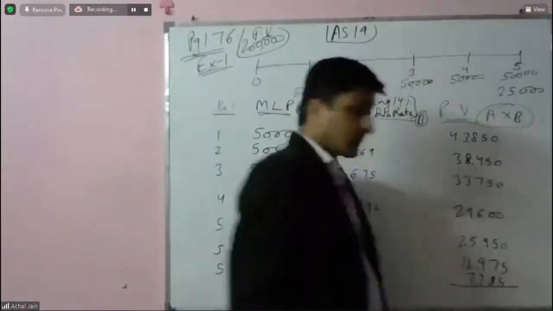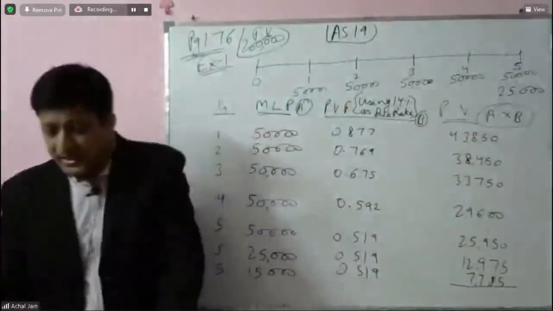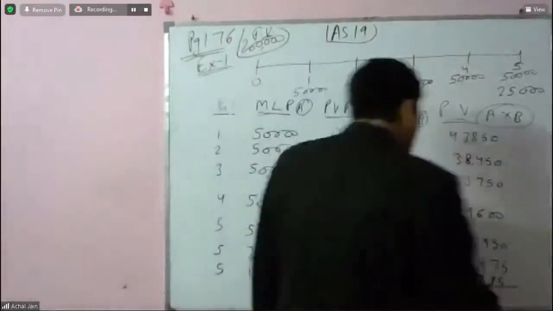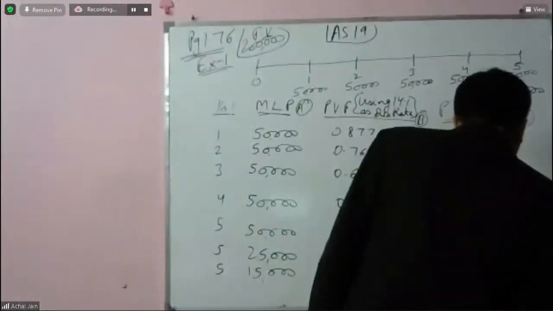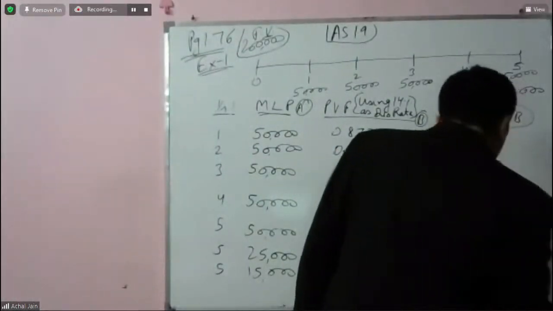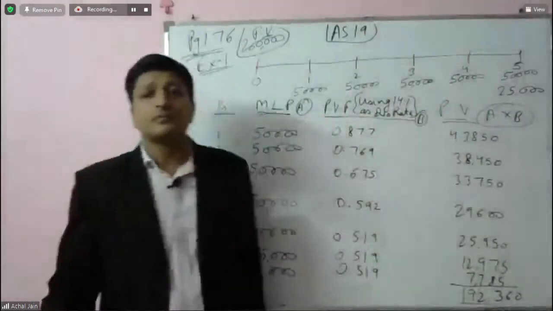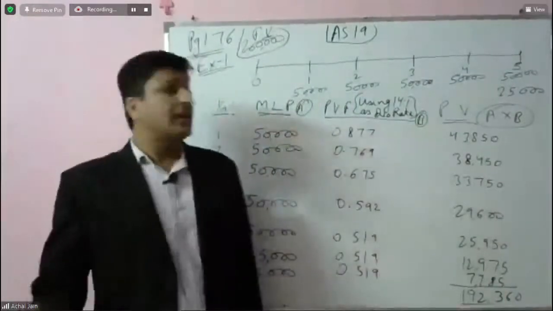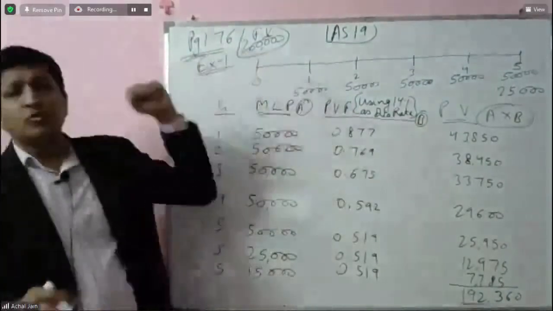So now let's see what is the total present value I'm getting. 1,92,316. Oh, once again there is a problem. Once again I couldn't get the present value which I wanted. I wanted 2 lakh.